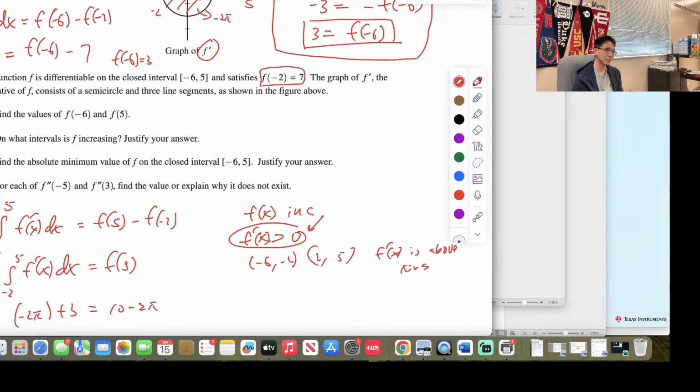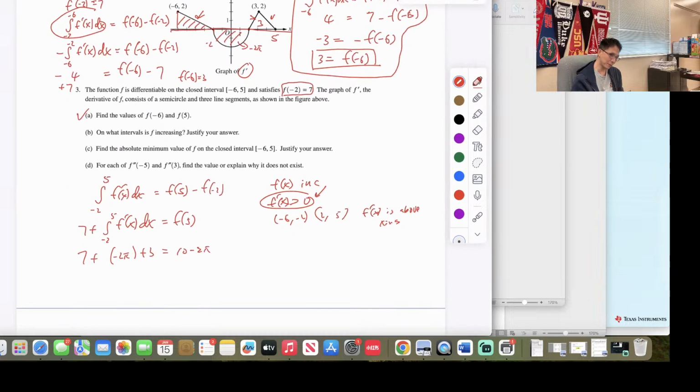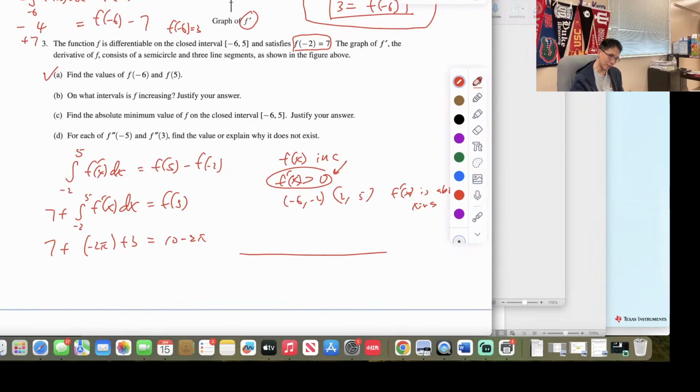Yes, Astrid? Okay. So absolute minimum value between -6 to 5. So anytime you have a minimum value, furthest distance, or an absolute maximum value, they all require the justification, just a chart.